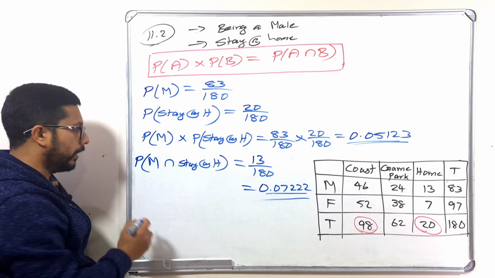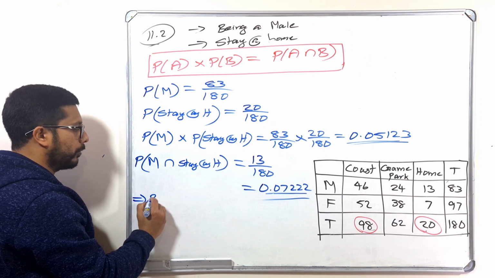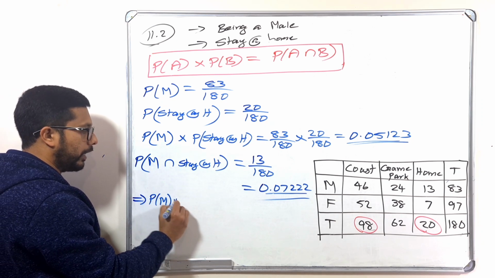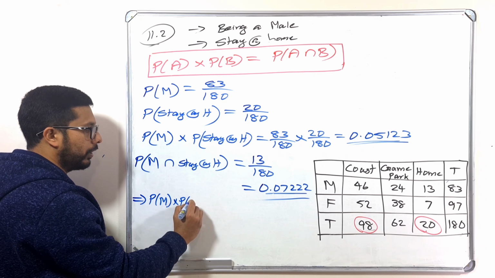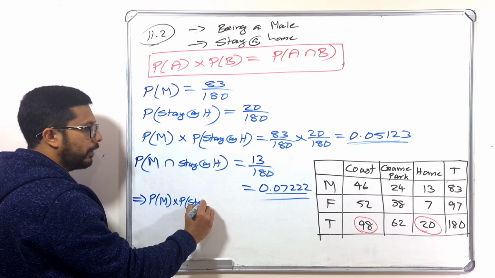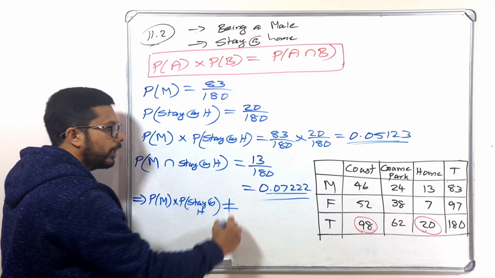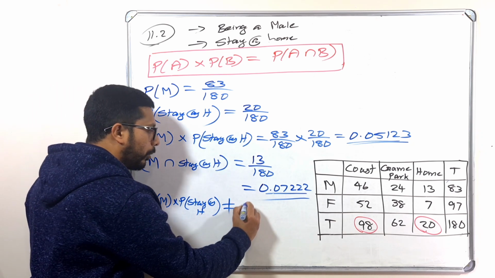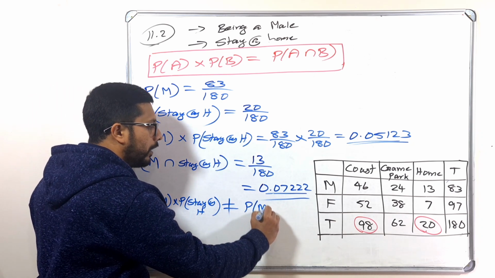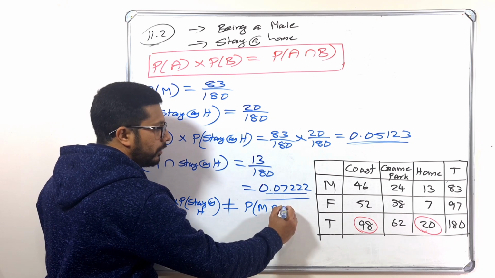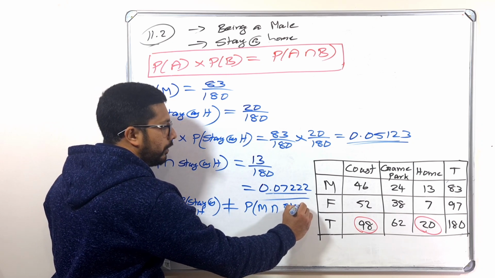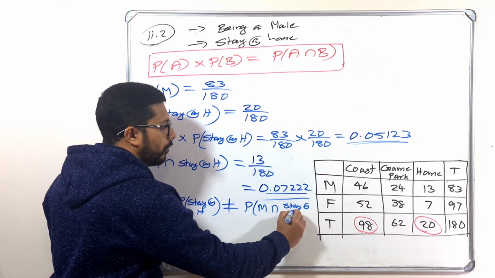Okay. So it implies that probability of male times probability of stay at home is not equal to probability of male intersection stay at home.